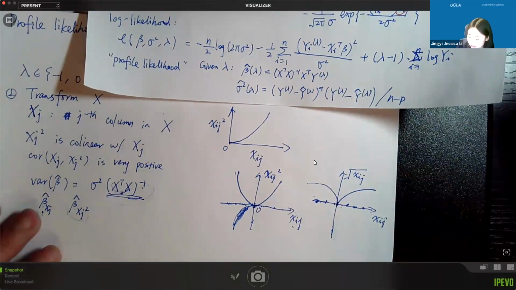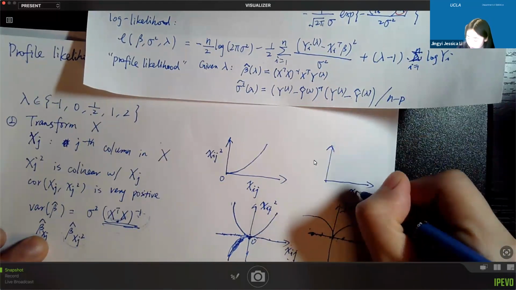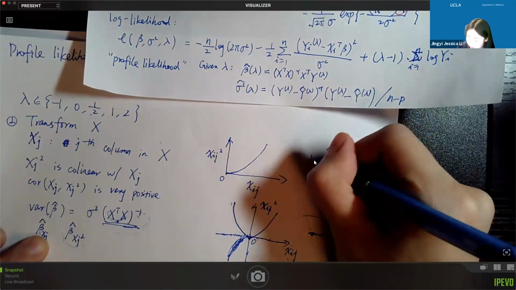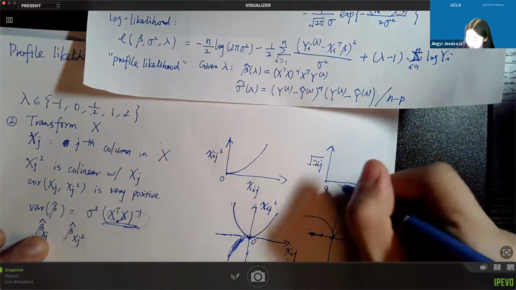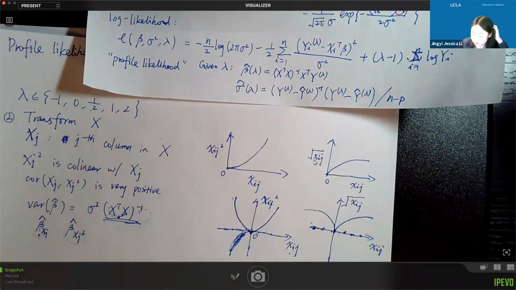If you imagine that if I don't do the centering, and if all my xij are positive, then the square root values will still be collinear with xij because they have a positive correlation. Okay, so these are just the considerations we apply to xij. And also you can consider a similar thing can be applied to log, right?